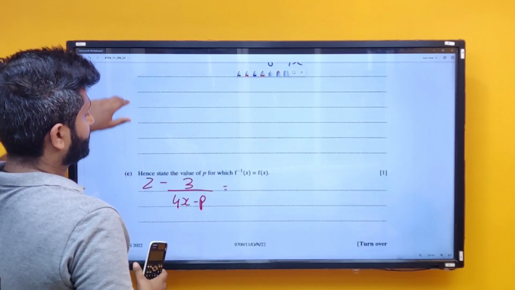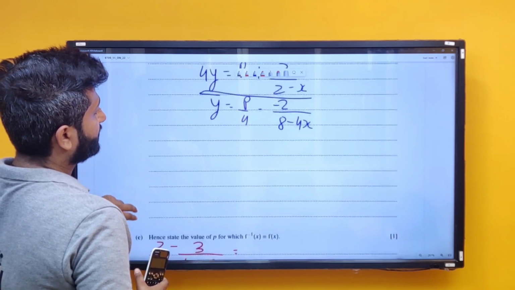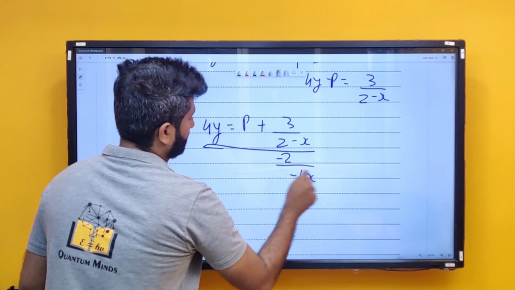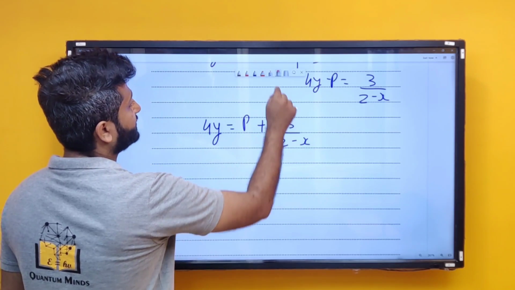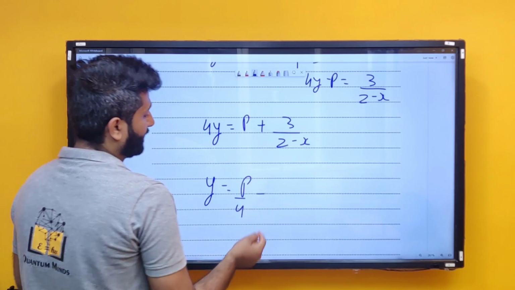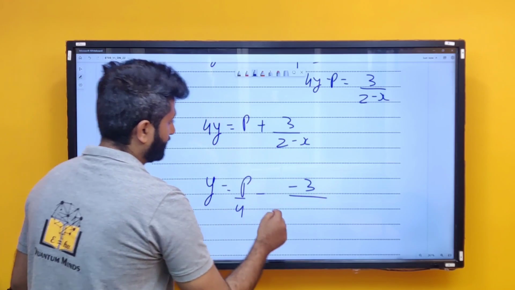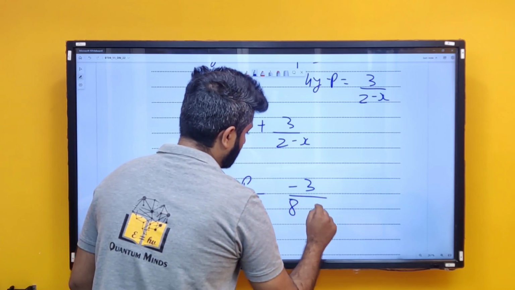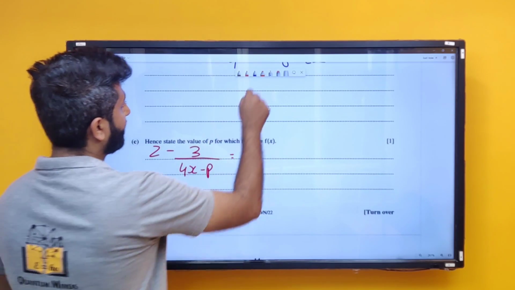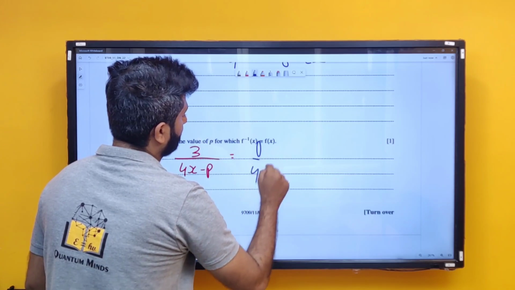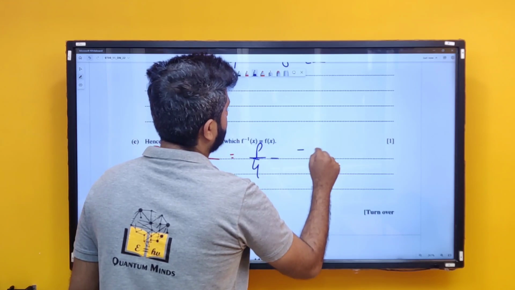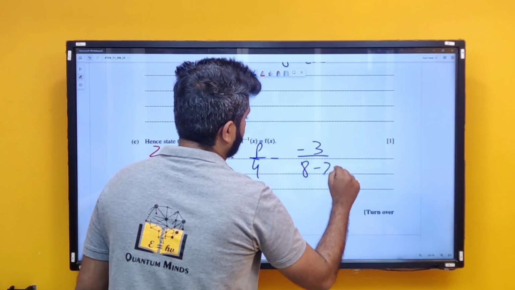Oh, sorry. Just a second. If I divide this by 4, this is going to be y is equal to p by 4 minus of minus 3 upon 8 minus 2x.